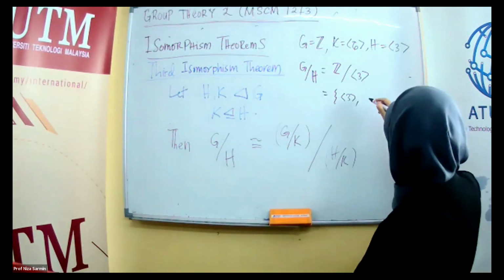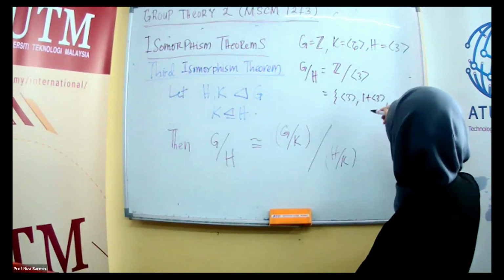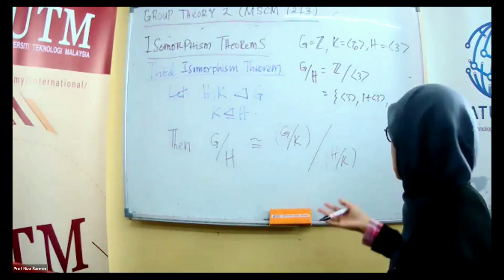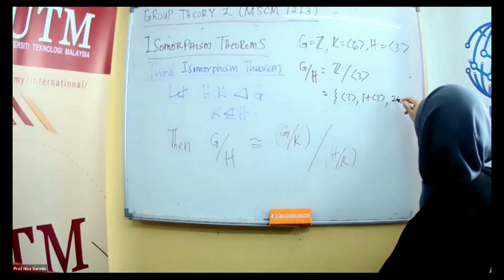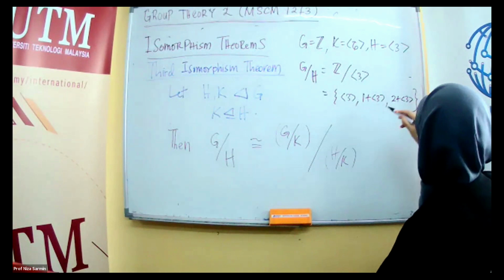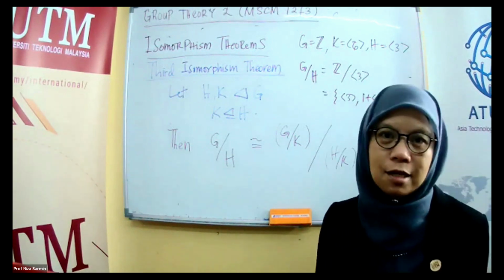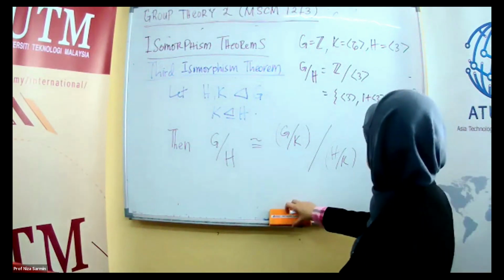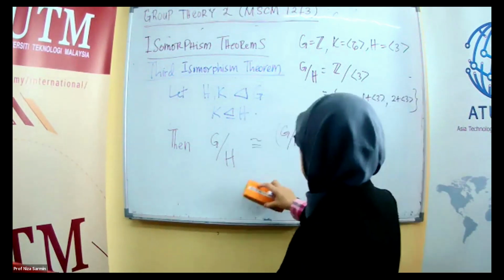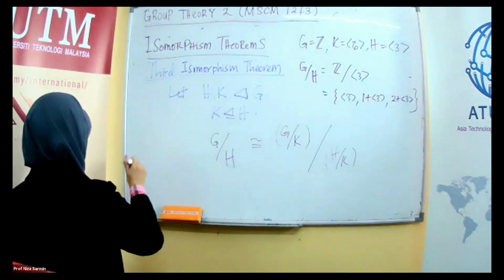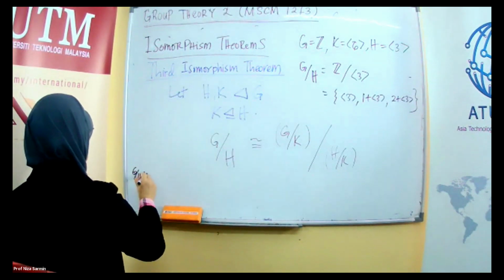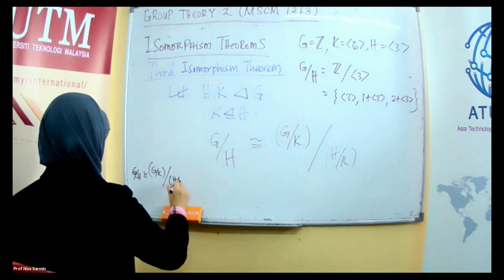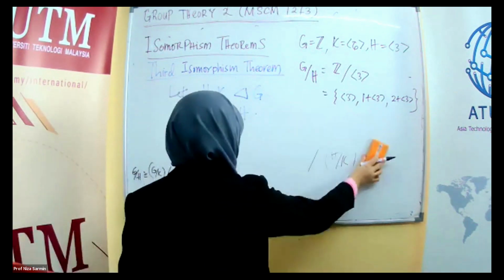Another one is 1 plus 3Z: 1, 4, 7, 10, and so on. Another one is 2 plus 3Z. And 3 plus 3Z is again 3Z because it's the same thing.